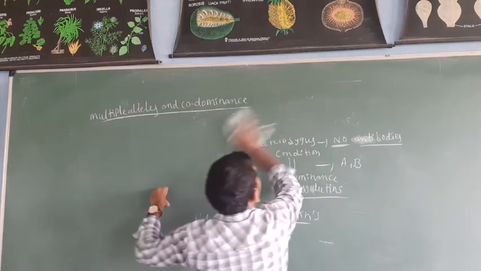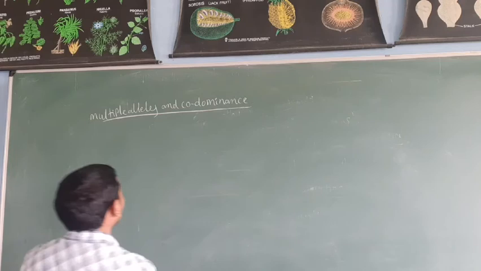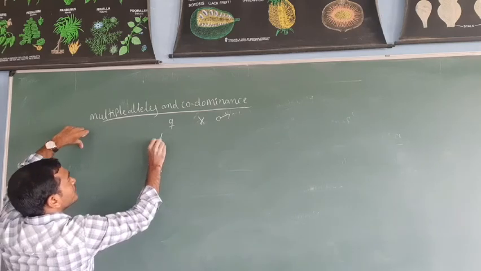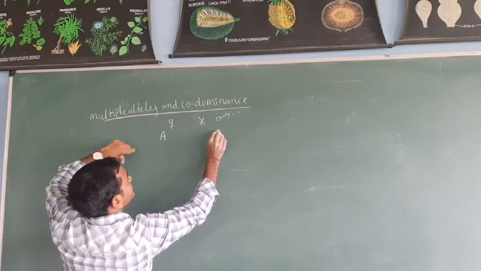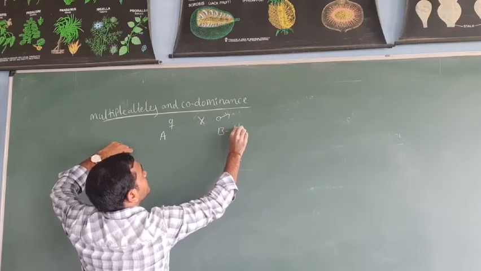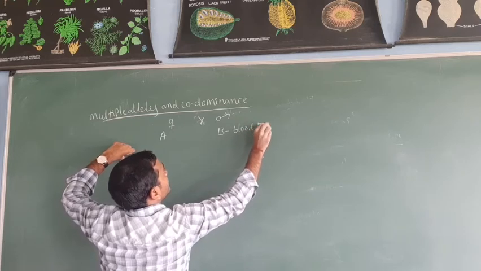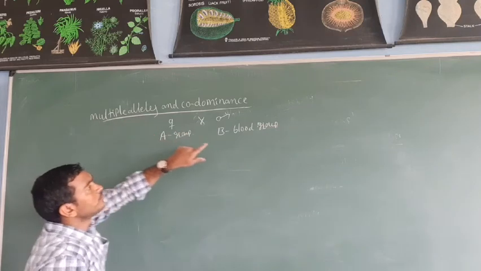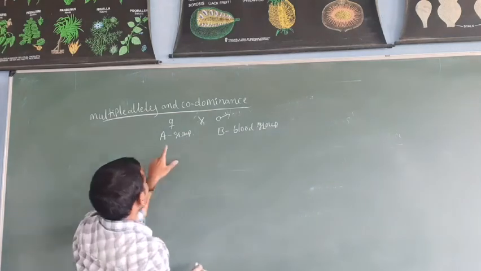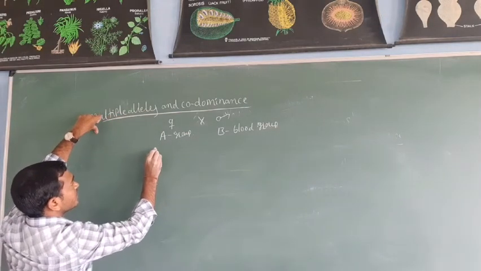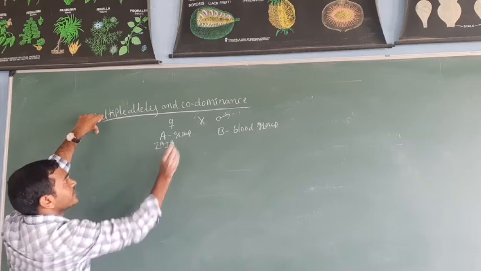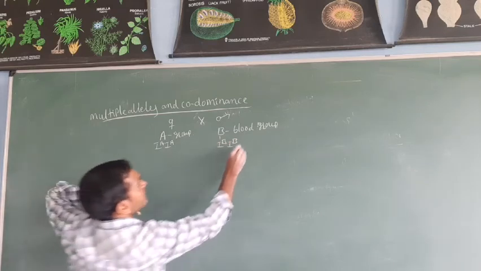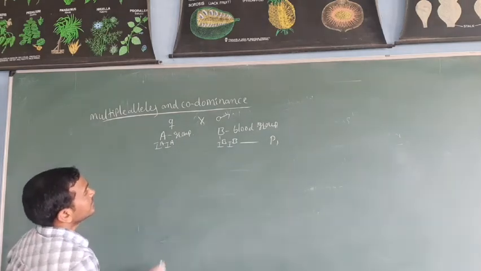Take a mother and a father. The mother is blood group A, homozygous I A, and the father is blood group B, I B. This is the P1 generation.